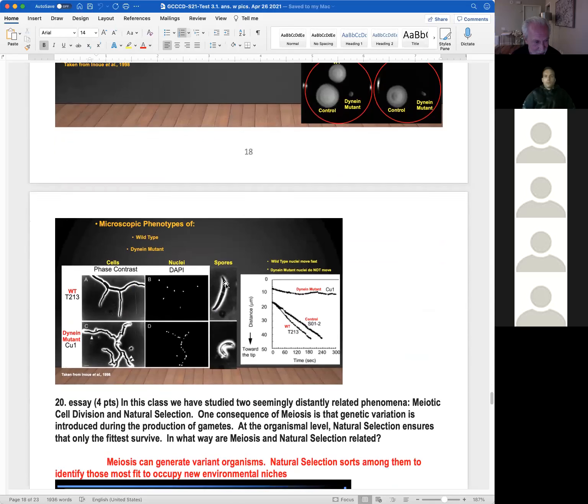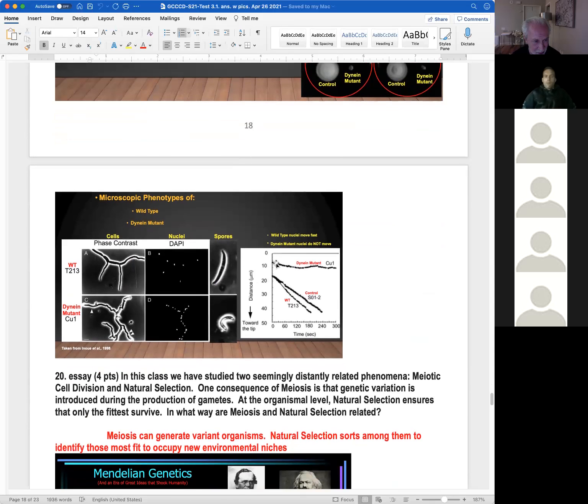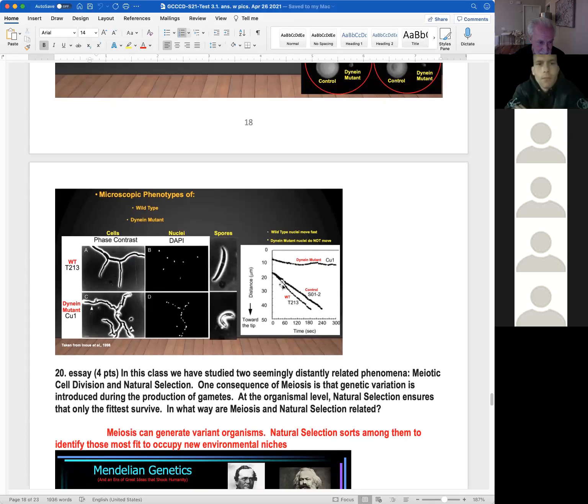Then when he looked in the microscope, I won't go over all the things he saw. The most important thing I want to point out here is that when he looked at the microscope and asked, in living cells, what's happening to the nuclei? Well, in wild type, nuclei move really fast. In a mutant, they hardly move at all.